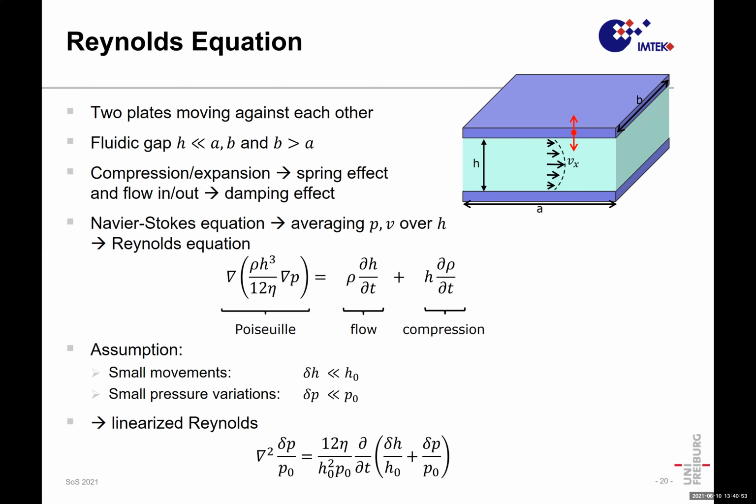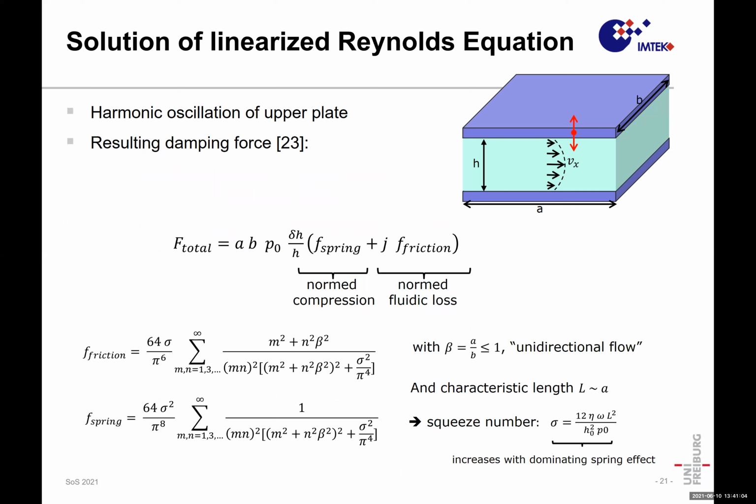No, 100,000 Pascal is normal pressure. This is true. So we can then use this linearized Reynolds equation, and even this is being solved, and I give you the literature for it, but don't run with you through this solution.